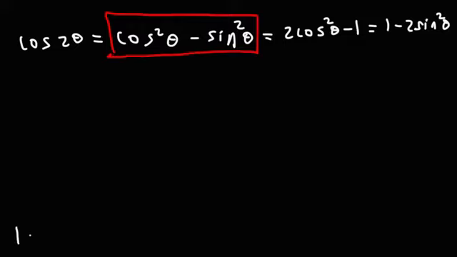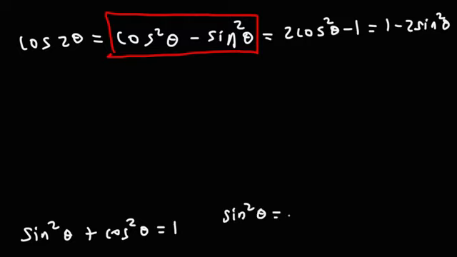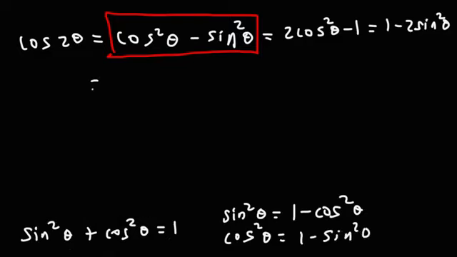Now remember, the Pythagorean identity that we talked about in the beginning, sine squared plus cosine squared is 1. So sine squared, if we subtract both sides by cosine squared, sine squared is 1 minus cosine squared. Cosine squared, if we subtract both sides by sine squared, starting from that equation, cosine squared is 1 minus sine squared.